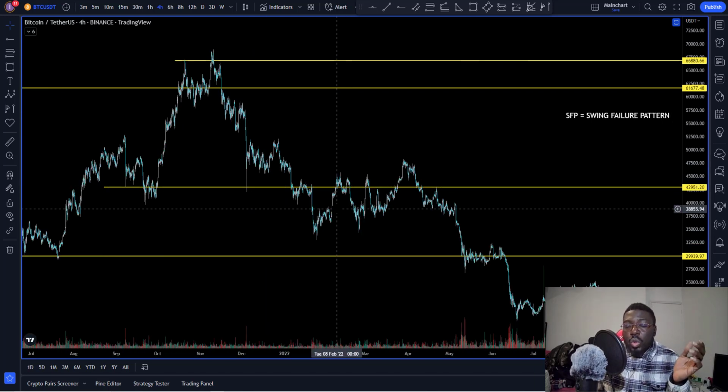To trade the swing failure pattern, you need to actually follow the trend. But another thing that will determine how long you will be in the trade depends on the rally we got the swing failure pattern from. Is it a major rally or is it an intraday rally? What do I mean by that?